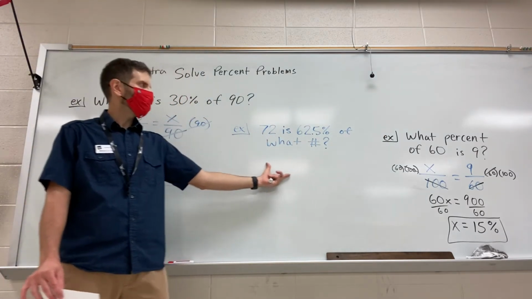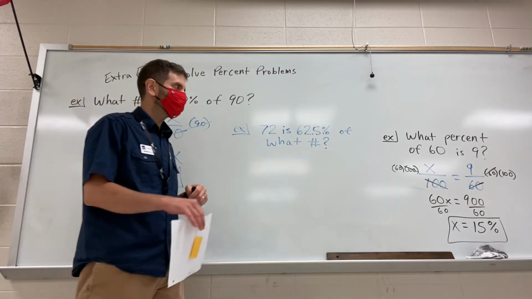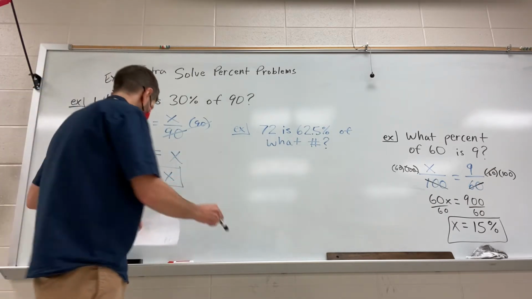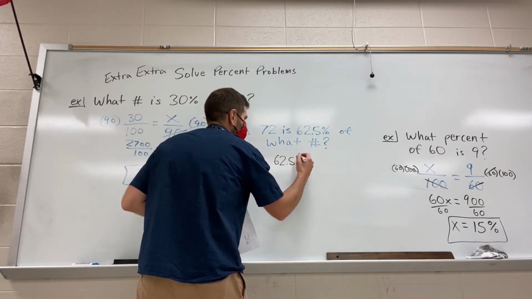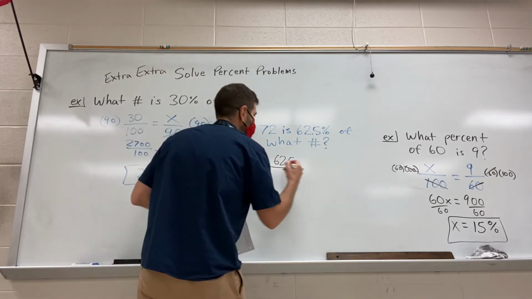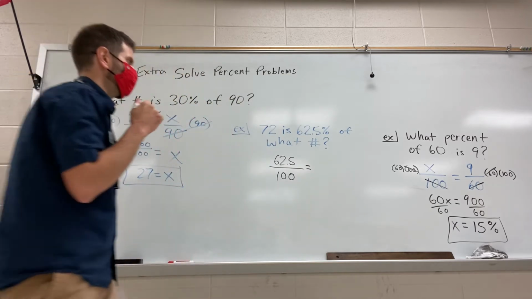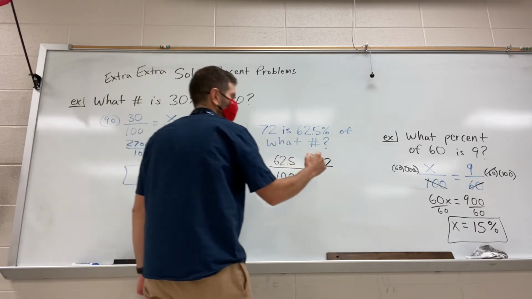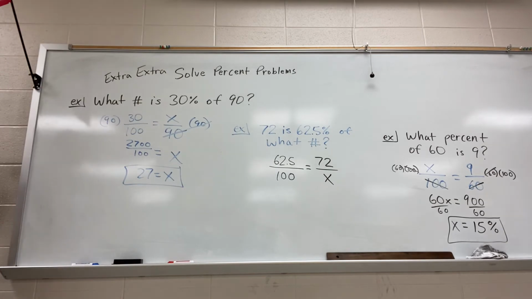So again, I'm going to show you how to solve this using that handy proportion. Percent over 100 equals is over of. So we're given a percent of 62.5. Now you might be tempted to change it, but don't change it. Over 100 equals is. It says 72 is, but then it's of what number? So that's where our variable is.